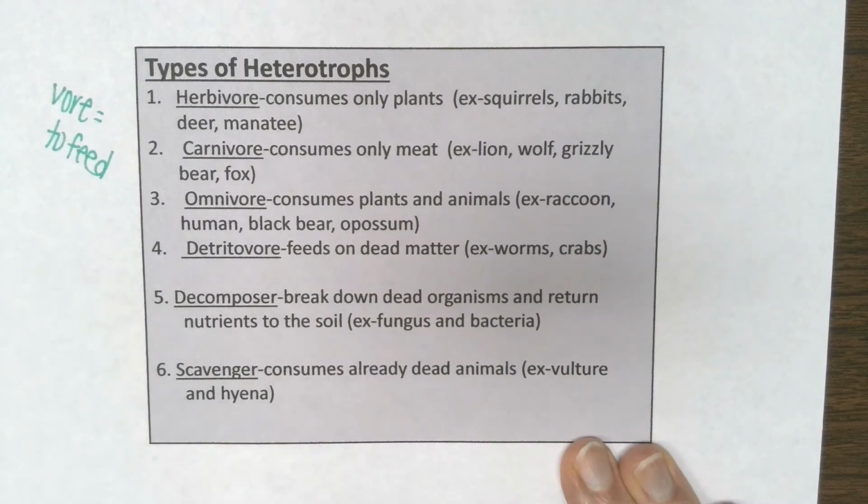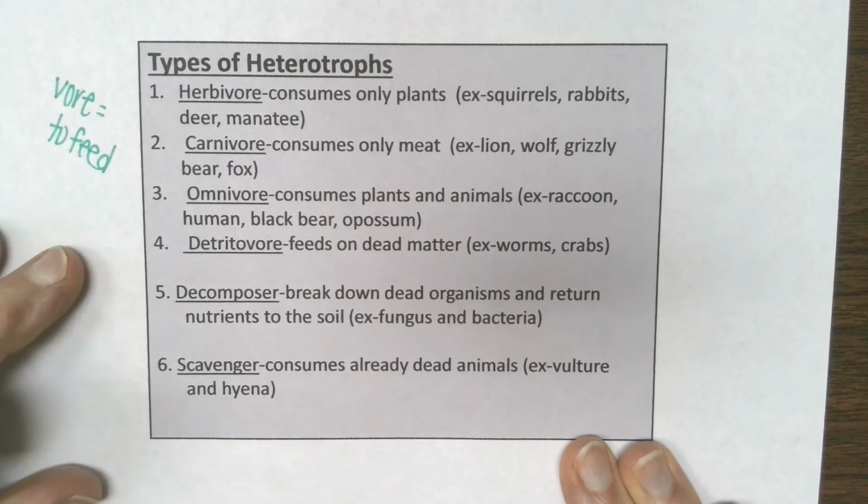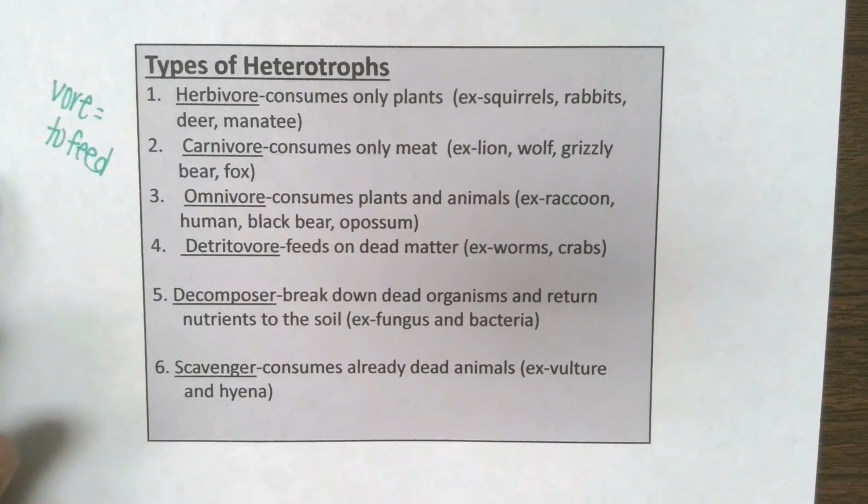All right, so let's talk about detritivores because this tends to confuse people. Detritus is basically dead, breaking down organic matter. Like if you go out on a hike in the woods and there are leaves on the forest floor and they are really decayed and broken down already, that's considered detritus. So worms, for example, crabs, slugs, things like that, they are detritivores.